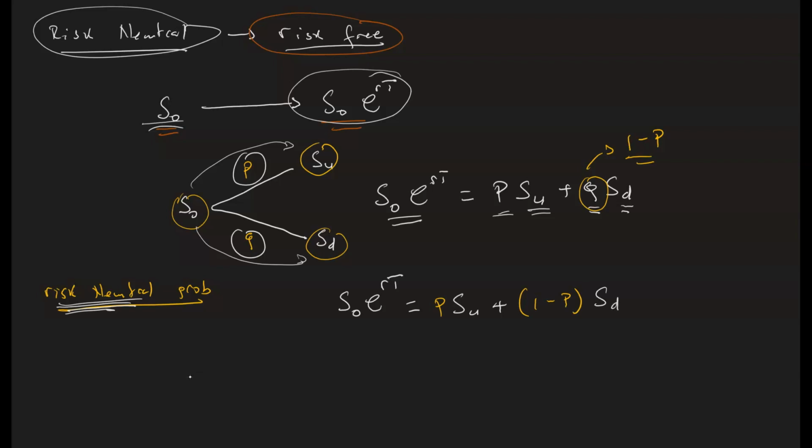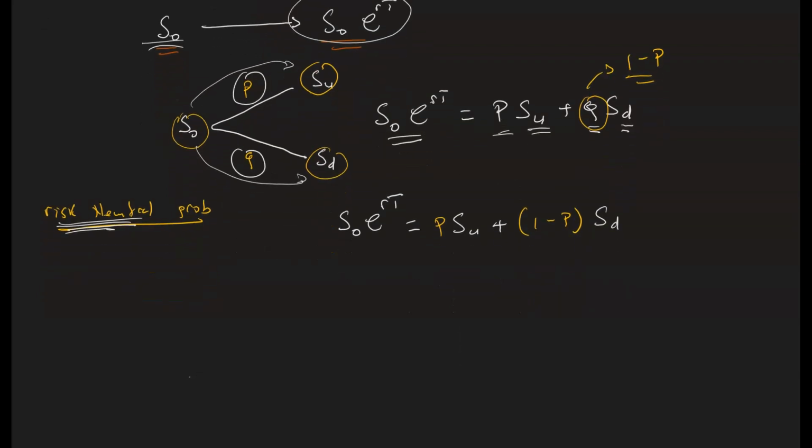And if that is true, we can find what the stock price today should be worth. And so S0 should essentially be equal to the present value of that: P S up plus 1 minus P stock down, and then we do the present value.